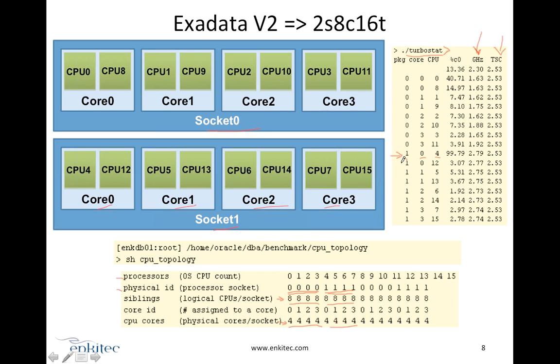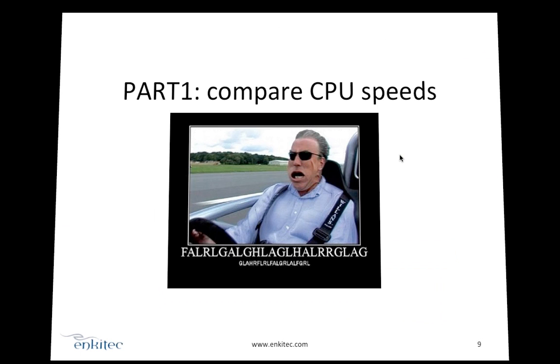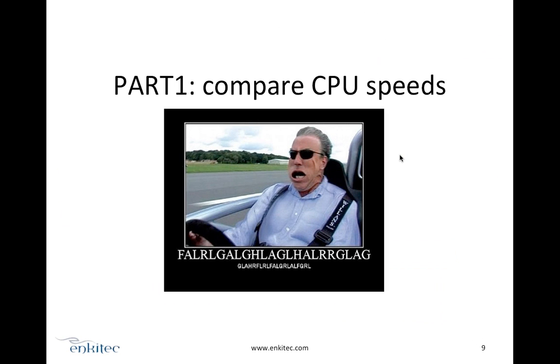The Turbo Boost feature is another feature of the CPU, more like an automatic overclocking of that CPU. On the output of turbostat, you've got these critical columns, where TSC is the advertised clock rate of that specific CPU, and this gigahertz right here is the turbo boost clock rate of that CPU.